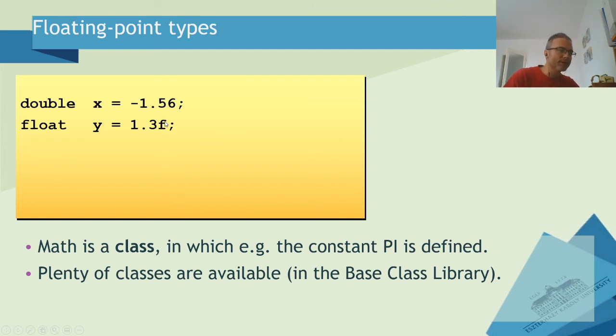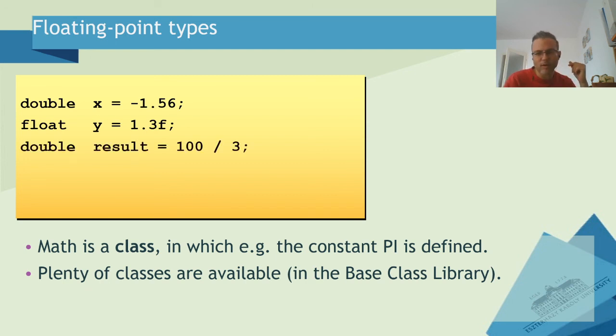If you want to force your value to be represented as a float, just put the F suffix after the value, and then it will be interpreted as a float. I just wanted to mention this to you because this is also a source of errors if you don't know about this default double type. So this is how you can solve this problem.